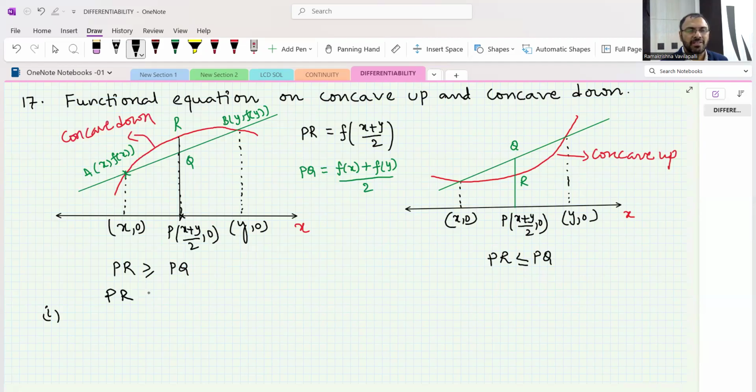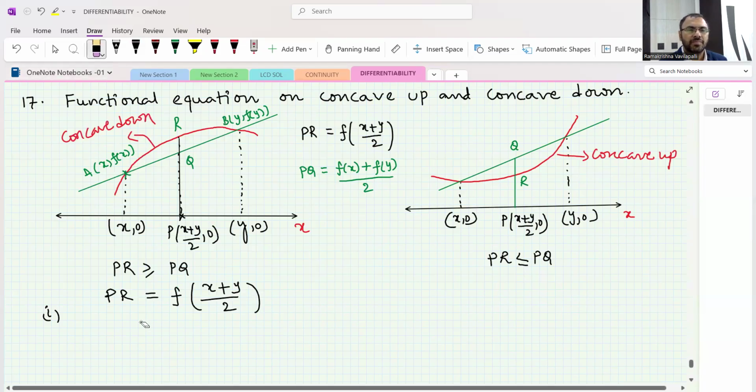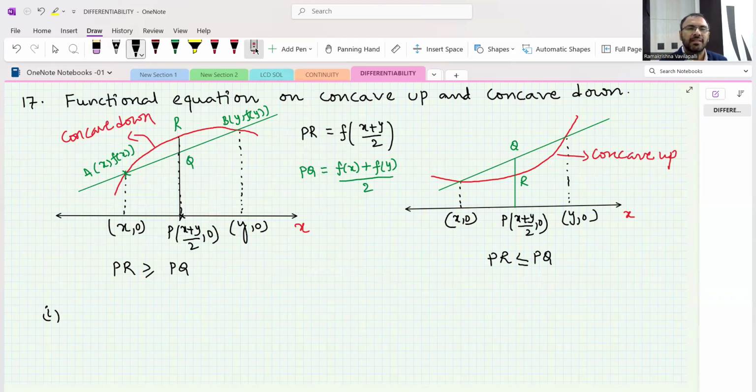PR is the height at x plus y by 2, so I can write f of x plus y by 2. And what is PQ? PQ is equal to f of x plus f of y by 2, which you can obtain by dropping the perpendiculars from A on QR and from Q on this line.